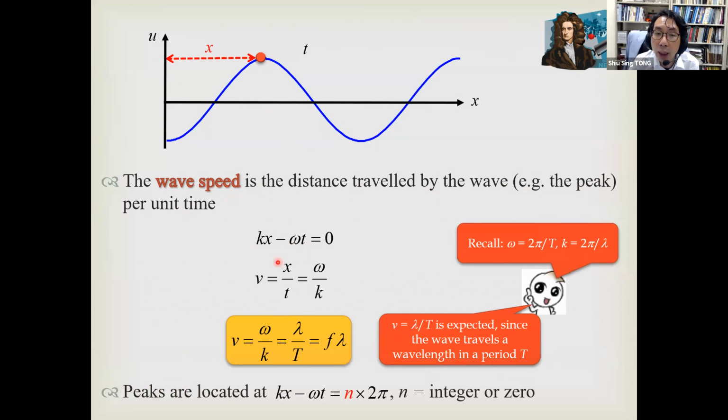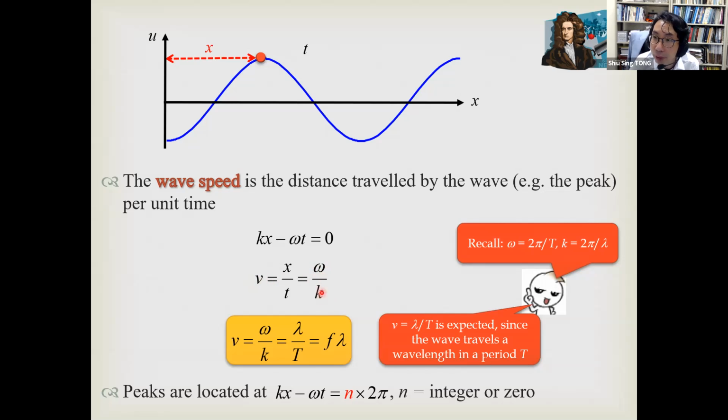And so I can find x over t. x over t becomes the wave speed. I denote it by the parameter v. So the wave speed v is x over t. And from this equation, we find that x over t is just omega over k. So that means I can express the velocity v of the wave in terms of omega and k.